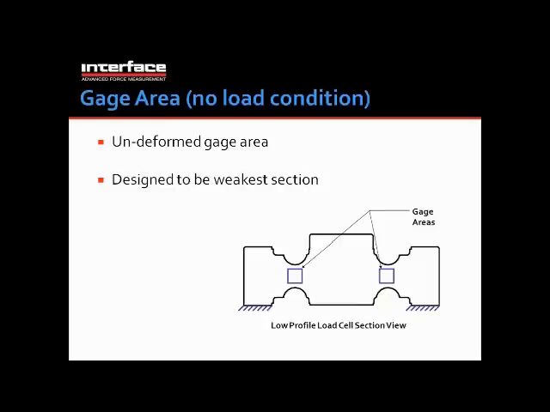The blue boxes in the beam area indicate the location where the strain gauge is bonded to the flexure. Because we don't have a load applied to the flexure in this case, what we have is an undeformed gauge area. And as I mentioned earlier, these beams are designed to be the weakest points on a flexure.